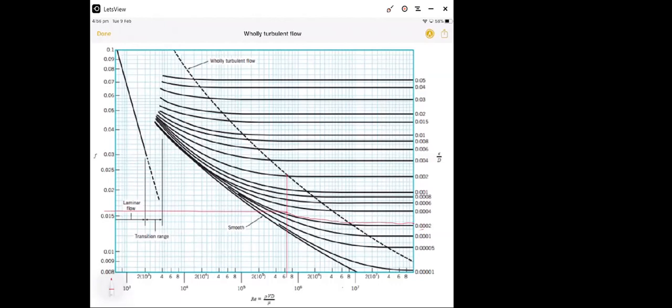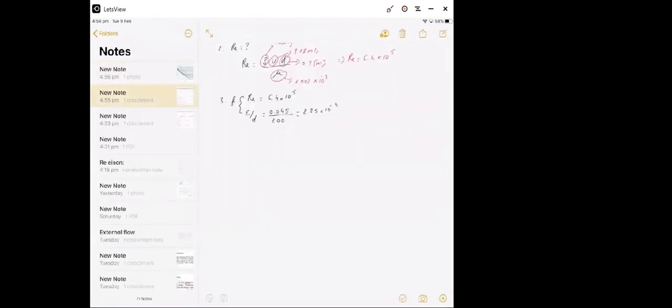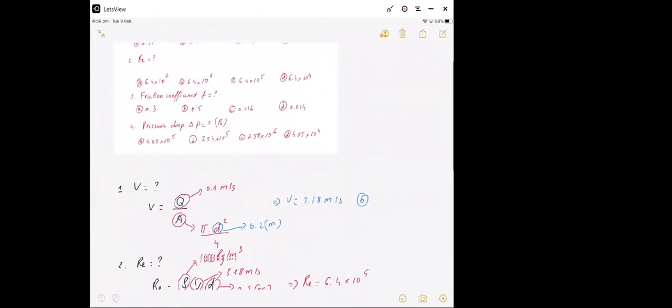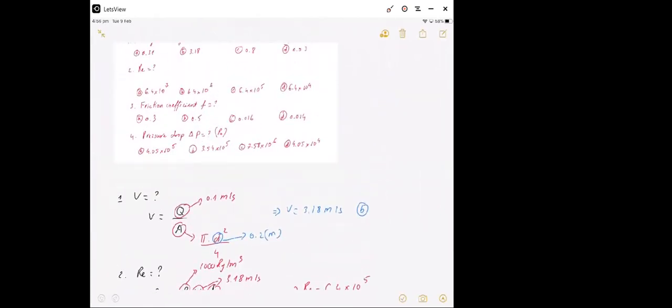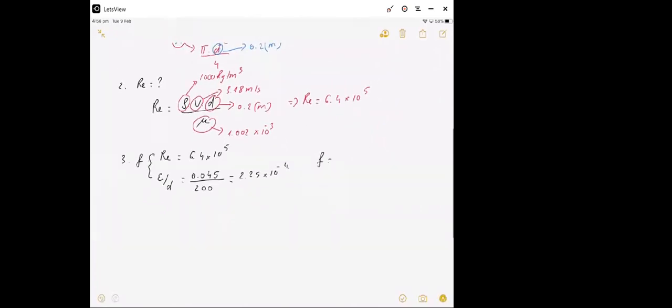We have this one. F is a little bit above 0.015. So just have a look at the answers. We have 0.3, 0.5, 0.016, and 0.014. So the correct answer F is 0.016.